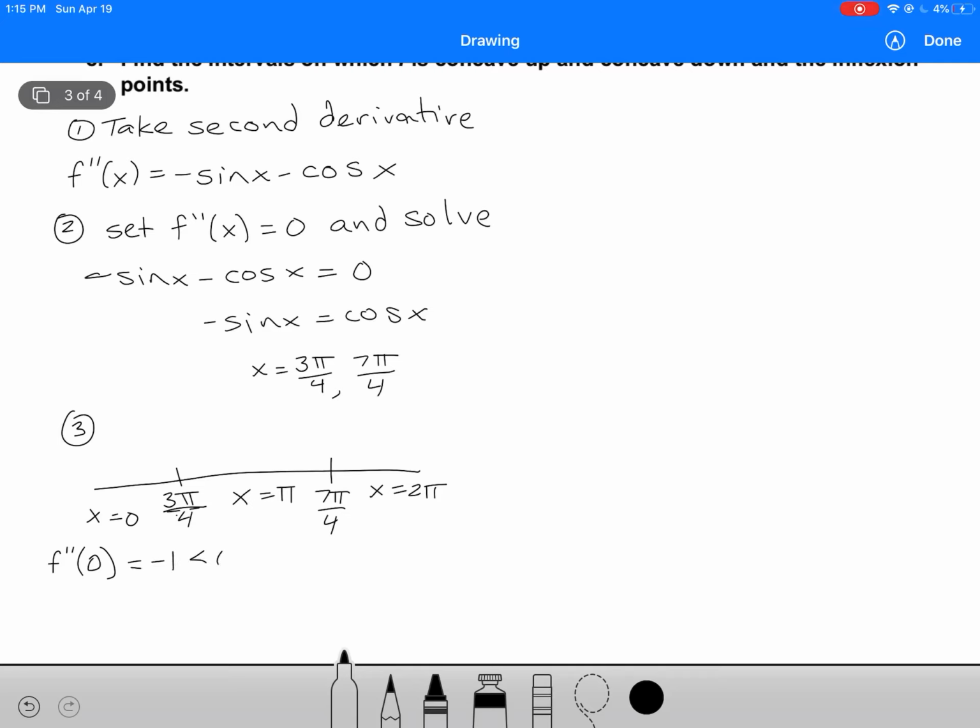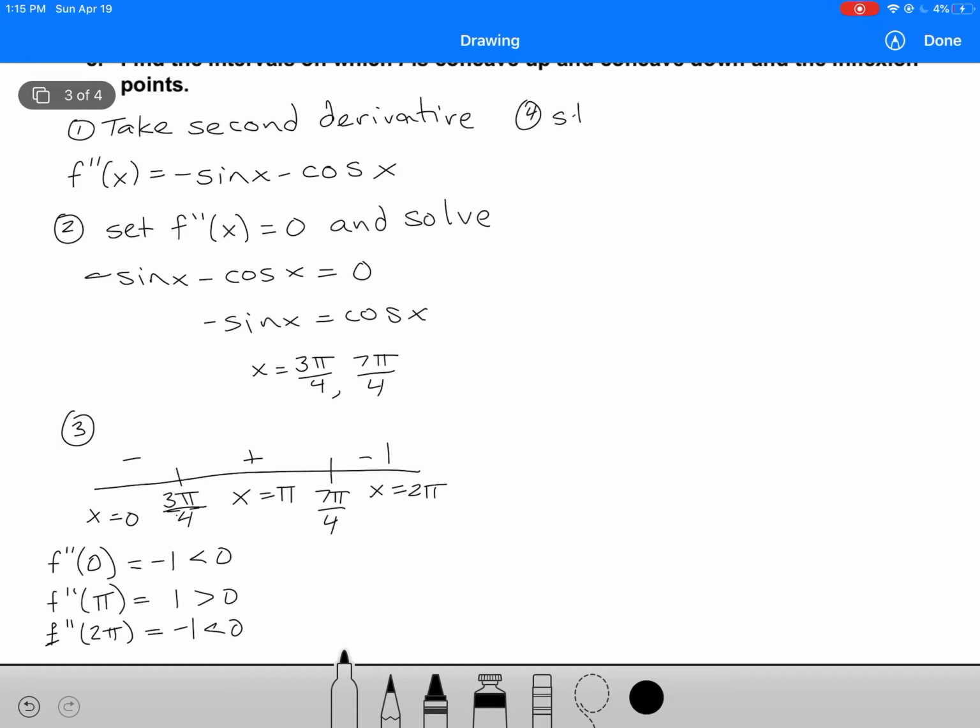F double prime at 0 is -1, which is less than 0. F double prime at pi is equal to +1, which is greater than 0. And f double prime at 2 pi is again -1, which is less than 0.